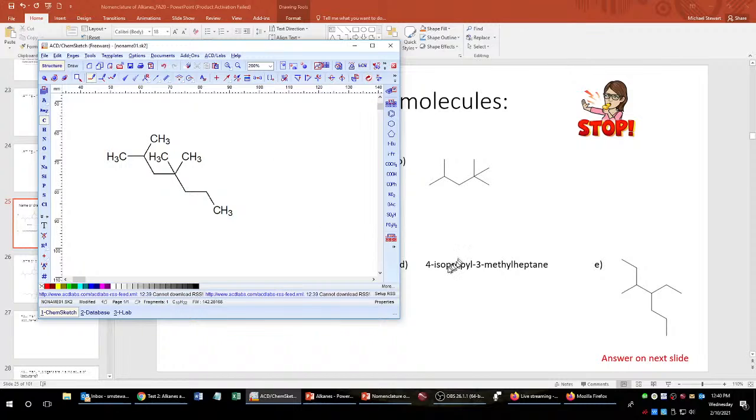And then the next one, 4-isopropyl-3-methylheptane. It's still heptane, 7 carbons. So you've got 4-isopropyl. So 1, 2, 3, 4, and then the isopropyl is 2-methyl ethyl, and then you've got 3-methyl.